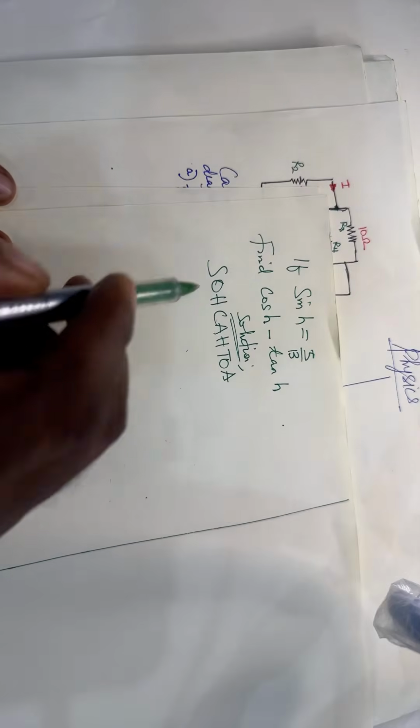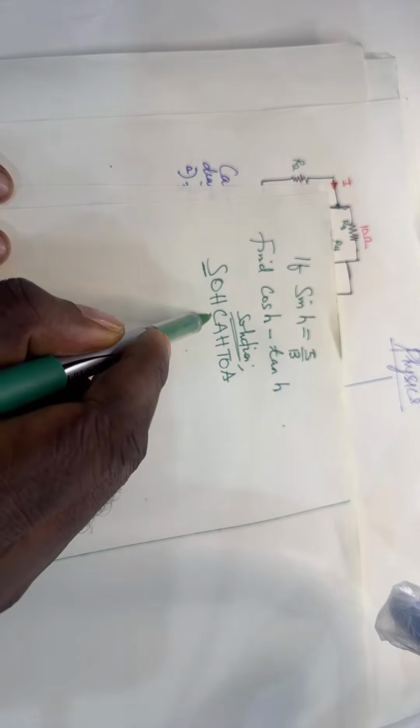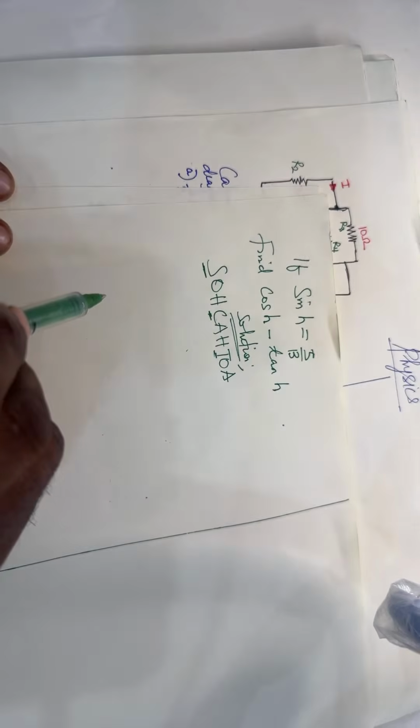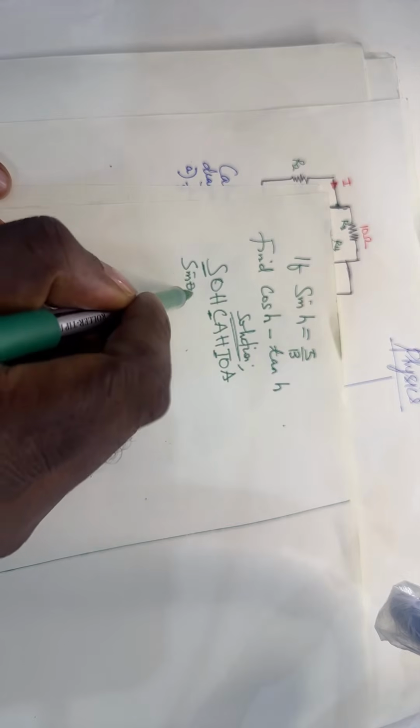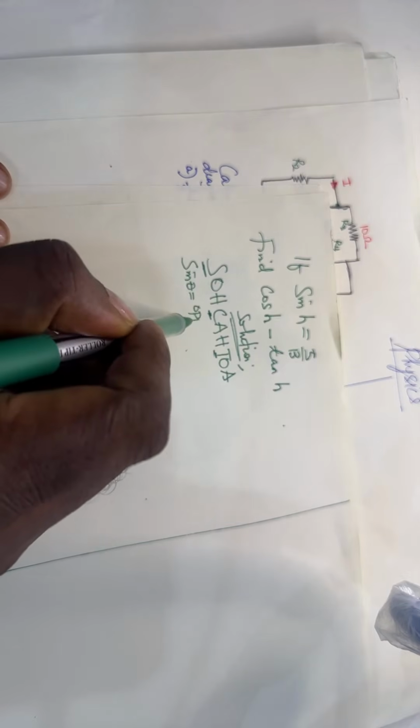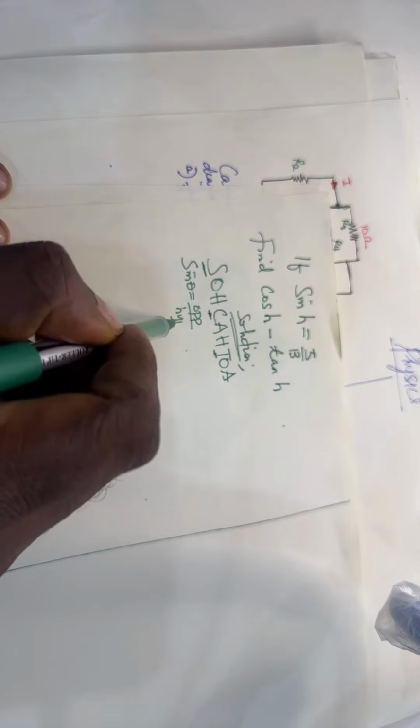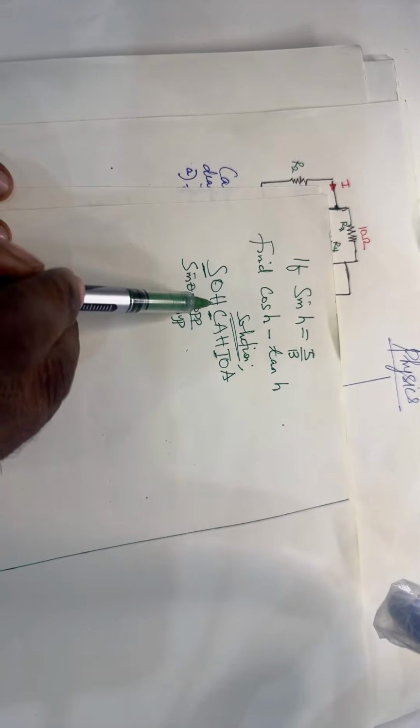Good. So this one is for sine, this one is for cos, this one is for tan. So sine theta is opposite over hypotenuse.